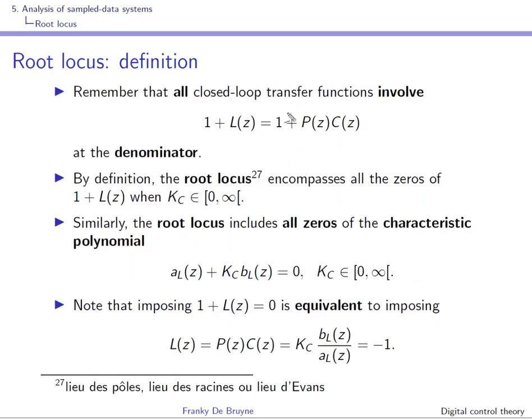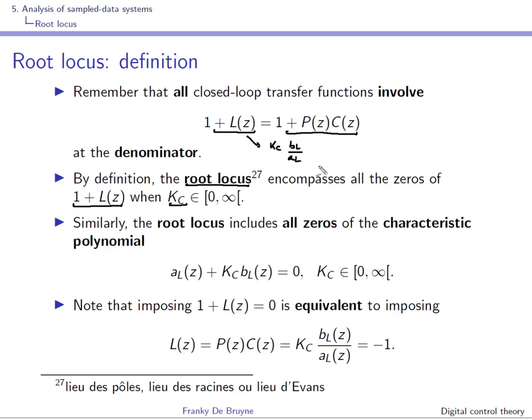So remember that all closed loop transfer functions have 1 plus BC or 1 plus L in the denominator. This is something that we have seen previously when we considered all the transfer functions, for instance, when we considered internal stability. By definition, the root locus looks at all the zeros of this denominator when the controller gain moves from 0 to infinity. This one is here Kc BL over AL.